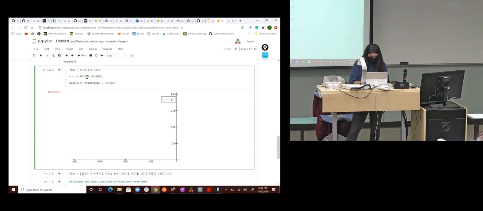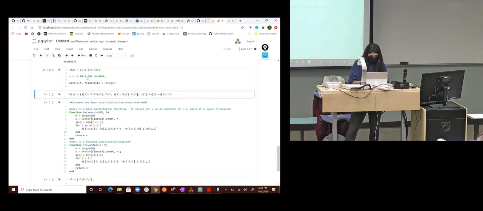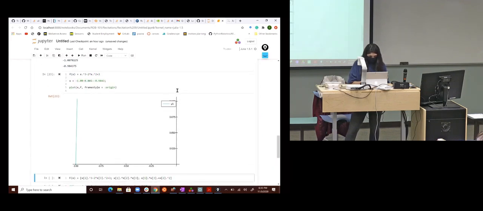And you're going to want smaller steps in there. That does not look right. Oh, you want your axes to be better.